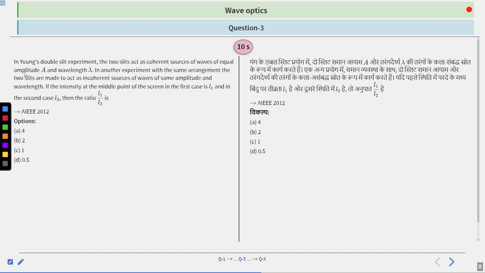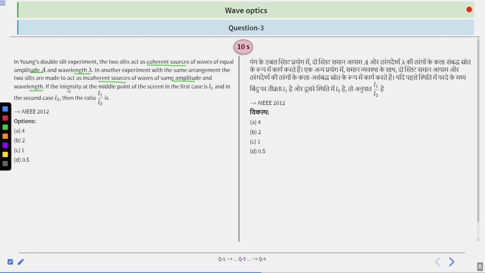Next question. In Young's double slit experiment, two slits act as coherent sources of waves of equal amplitude and wavelength lambda. In another experiment with the same arrangement, the two slits are made to act as incoherent sources of waves of the same amplitude and wavelength.